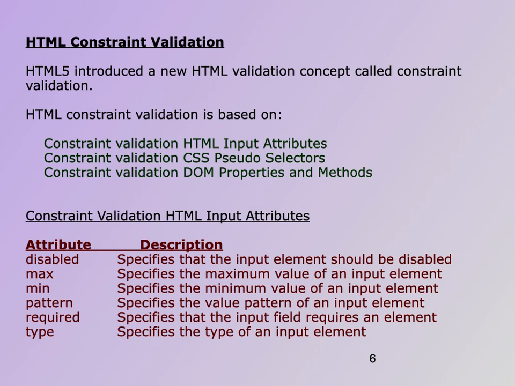Pattern specifies the value pattern of an input element, email pattern and all, just like that. Required specifies that the input field requires a value. It's a mandatory field to fill. Type specifies the type of an input element, number, text, etc.